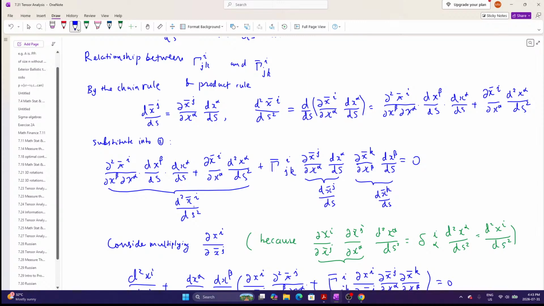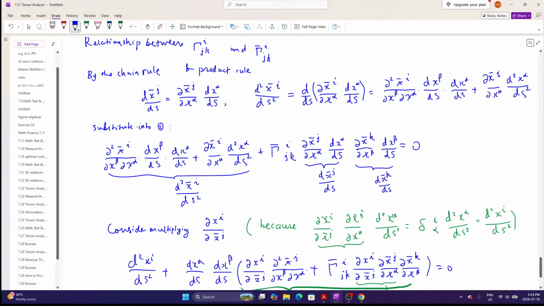But because I is a free index, you can't use dxi. You have to use something else. So let's use dx, say, sigma, and then put dx bar I at the bottom. This way you can isolate d squared x alpha over ds squared.